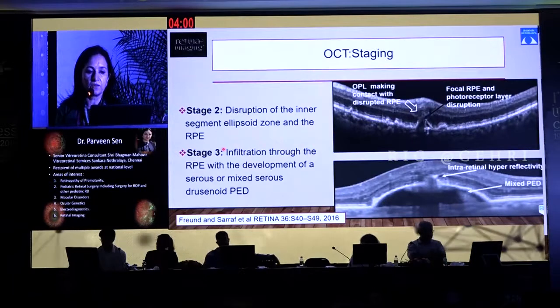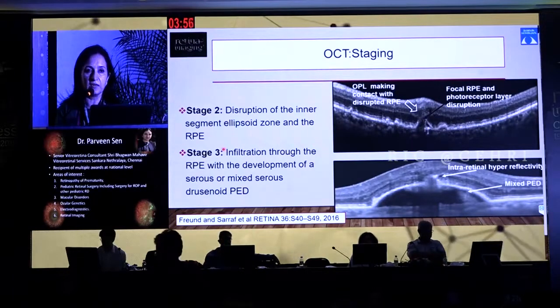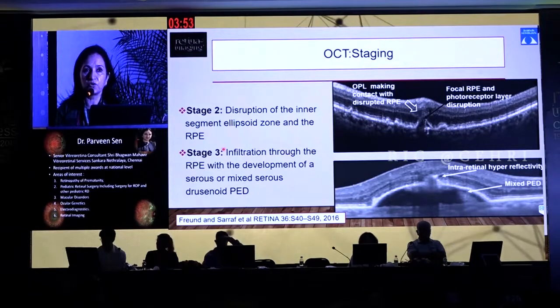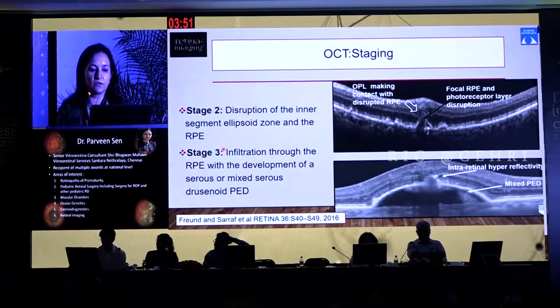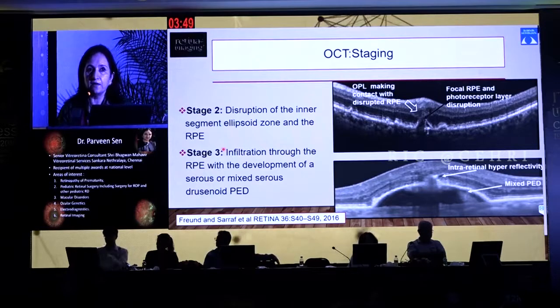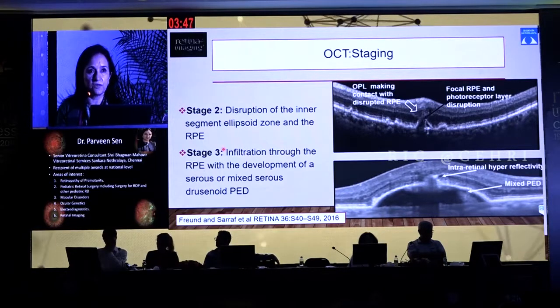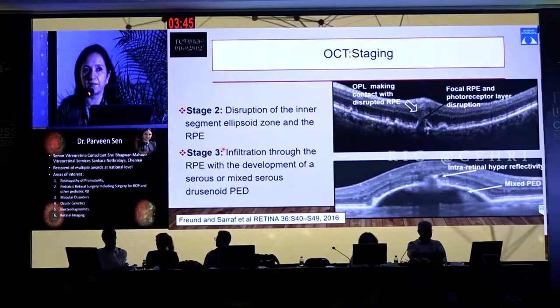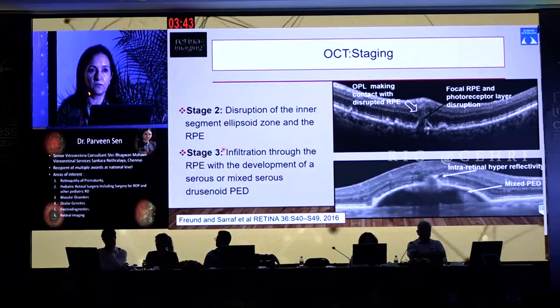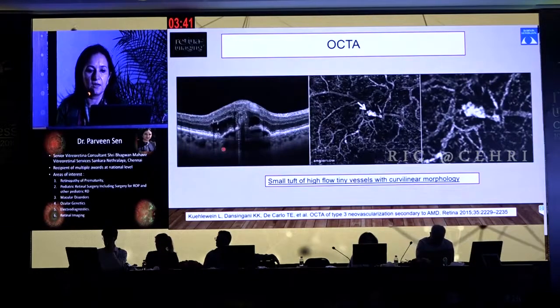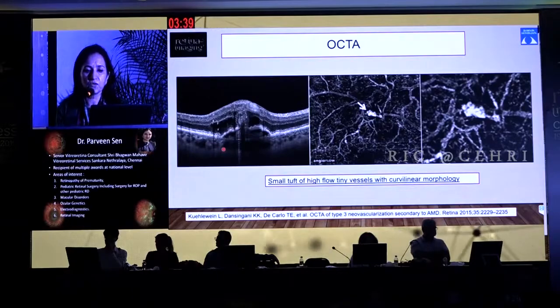So the disruption of the ellipsoid zone and the RPE happens only in stage 2, and the infiltration through the RPE leading on to a serous or a mixed PED is in stage 3. So this is vis-a-vis what happens in a type 1, where you start with a pigment epithelial detachment. OCTA shows you a small tuft of high flow tiny vessels in the deep capillary plexus.